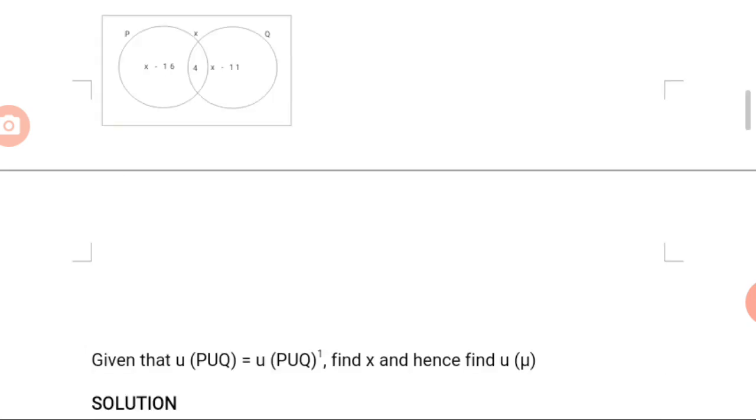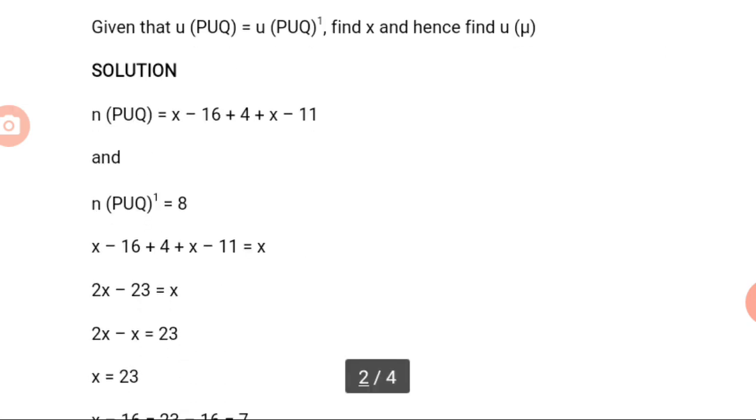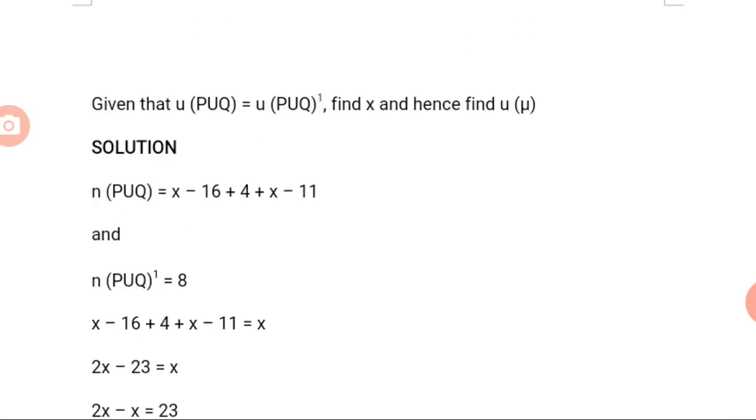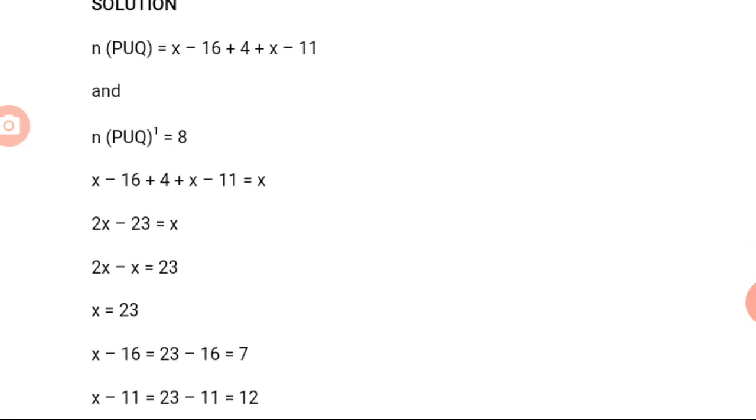Is that clear? So now you equate the two together. From the question that says P union Q equals P union Q complement, you now equate them together. So it becomes x minus 16 plus 4 plus x minus 11 equals x.